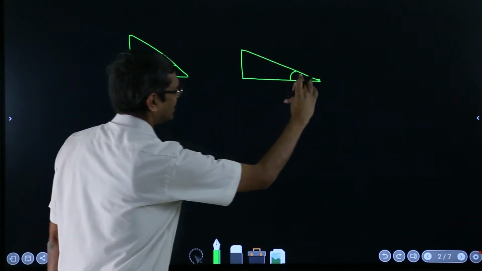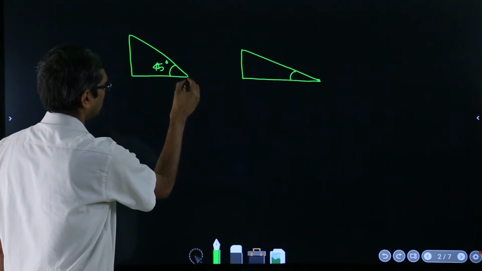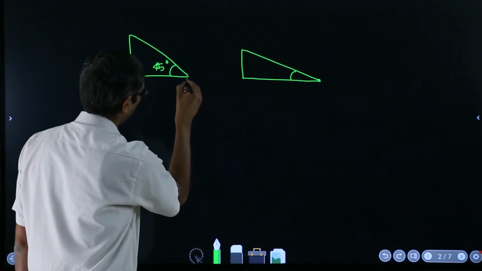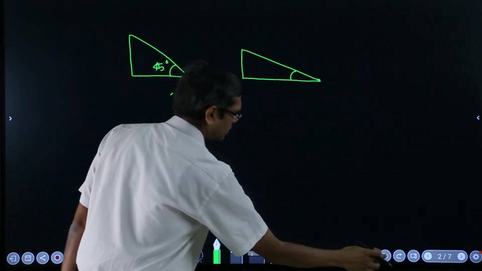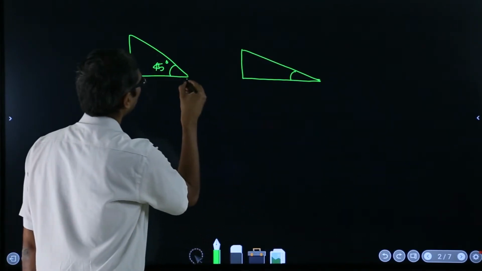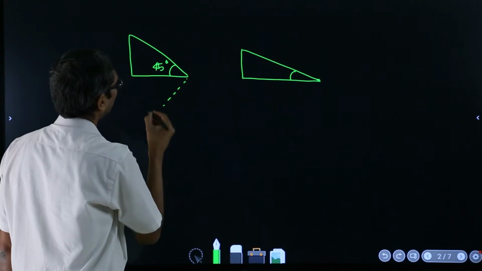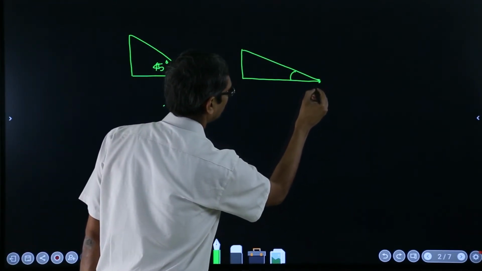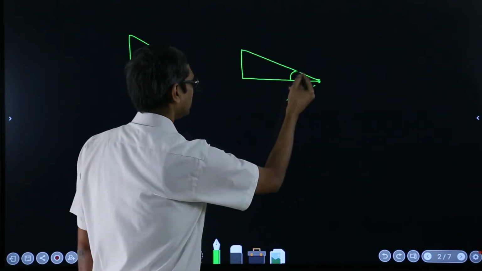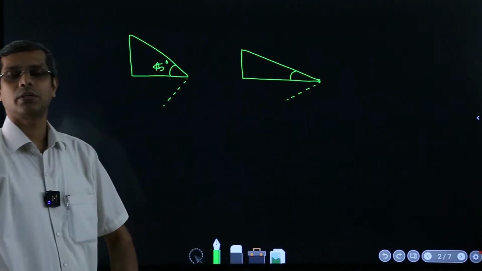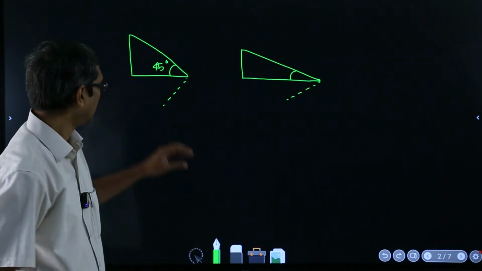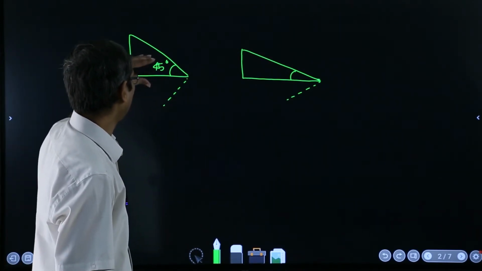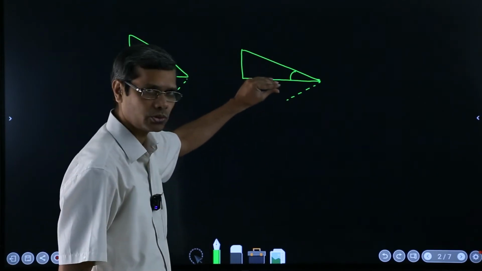initially this full angle was 90. So now I'll draw it as a dotted one. Earlier it was like that, and now it has become something like this. Then if you remember the definition of shear strain, it is the angle by which a 90-degree angle has been reduced, okay.